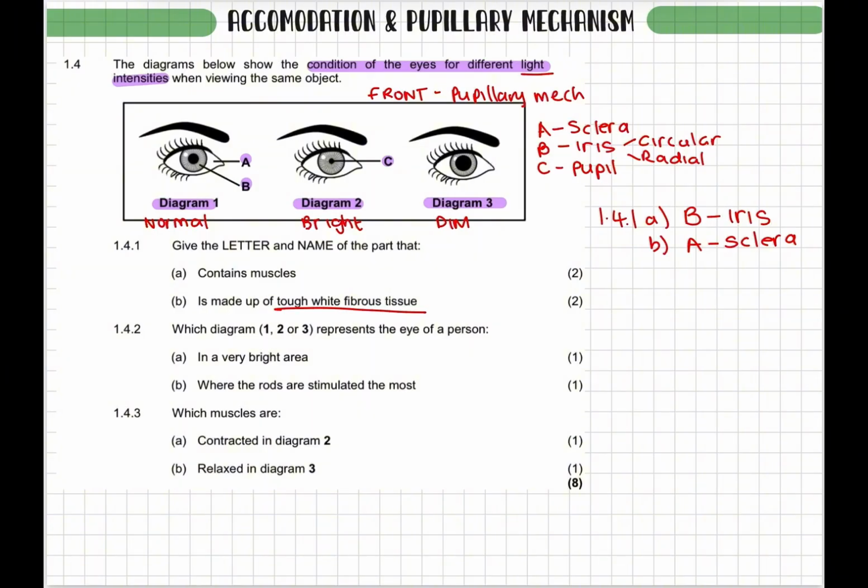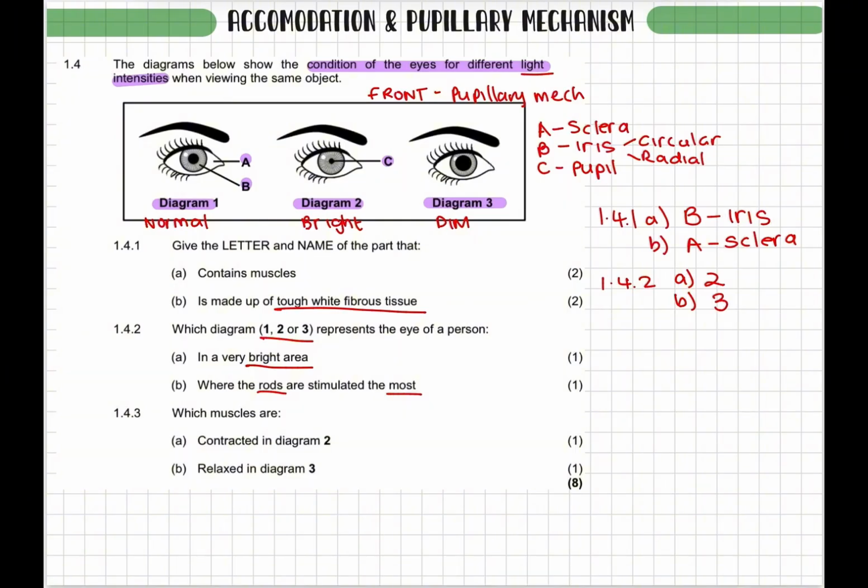Going on to 1.4.2, which diagram 1, 2, or 3 represents the eye of a person in a very bright area. We've identified that as diagram 2. Next, where rods are stimulated the most, that would be diagram 3, since the pupil is wider.